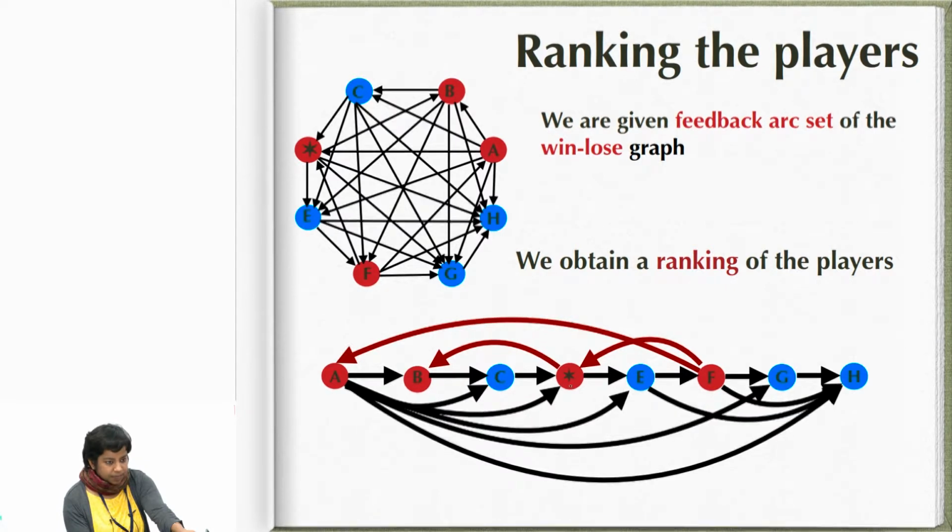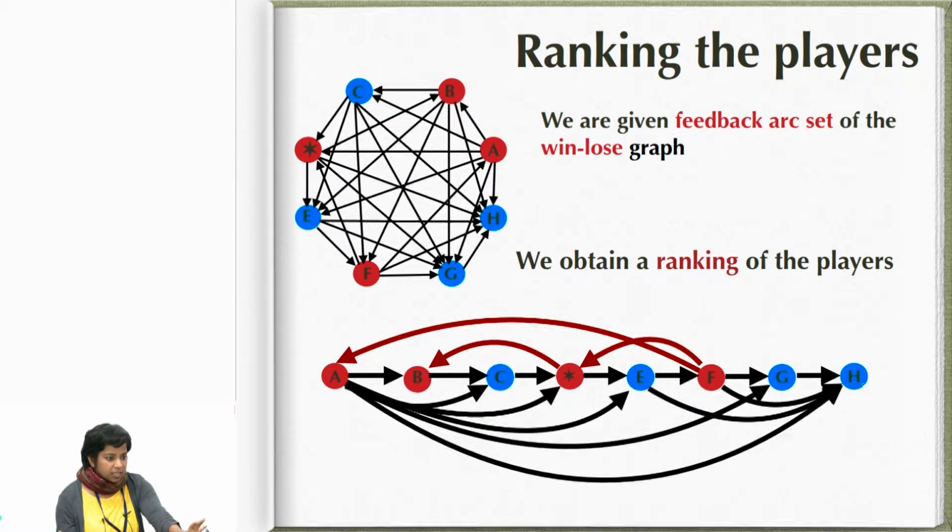And C does not beat any of the teams sitting before it, A and B. Obviously, they are better players than C. And C is not beaten by any of the players to its right, meaning C beats everybody sitting to its right. So C is better than my favorite player. C is better than E. This edge is missing; this would be a black edge. C is also beating F, and C beats G, C beats H, and so on.